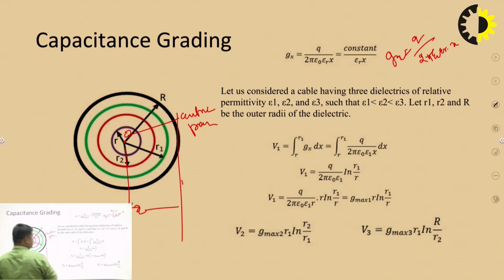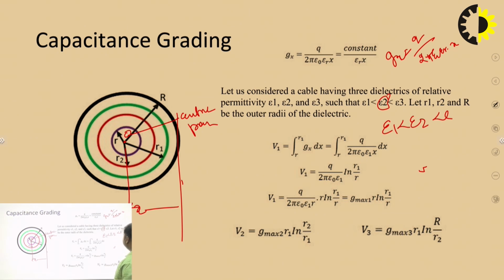Let us consider a cable having three dielectrics of relative permittivity epsilon 1, epsilon 2, epsilon 3, such that epsilon 1 is less than epsilon 2, and epsilon 2 is less than epsilon 3. This is the relative permittivity relationship for a particular case.